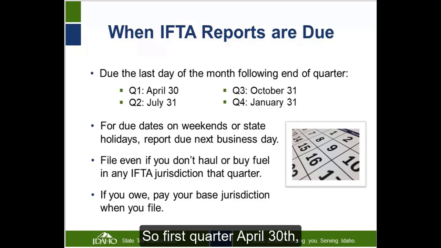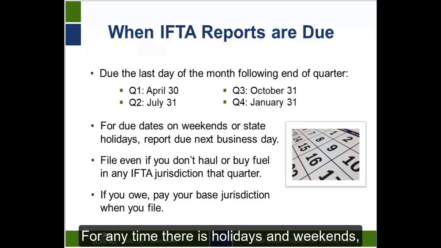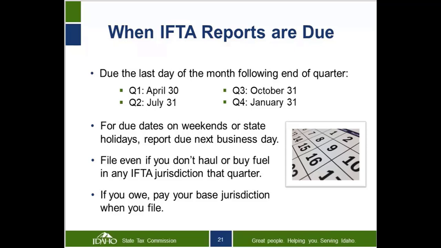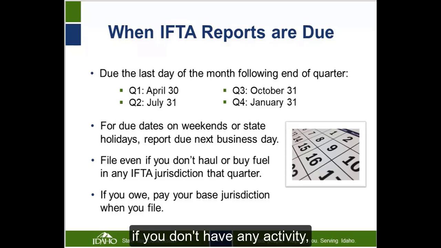So first quarter, April 30th; second quarter, July 31st; third quarter, October 31st; and the fourth quarter is due January 31st of the following year. For any time there are holidays or weekends, it's due the next business day. And like I said earlier, if you don't have any activity, you're still required to file.